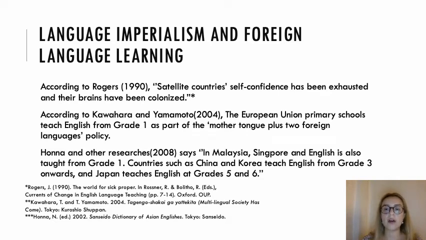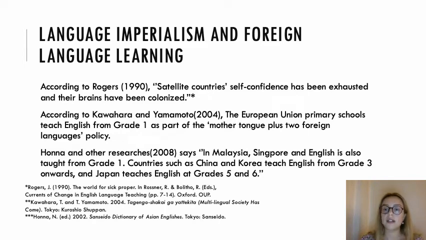In a way, according to Rogers, their self-confidence has been exhausted, and their brains have been colonized, not only their country. Even from this point of view, many countries continue to teach English. According to Kawahara and Yamamoto, European Union primary schools teach English from grade 1 as a part of the mother tongue plus 2 foreign languages policy.